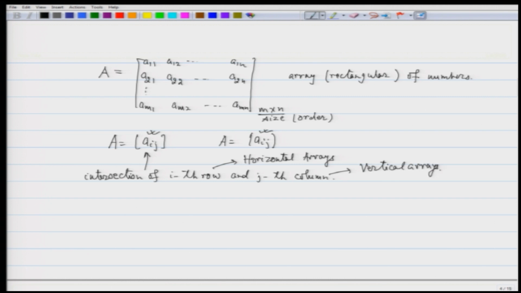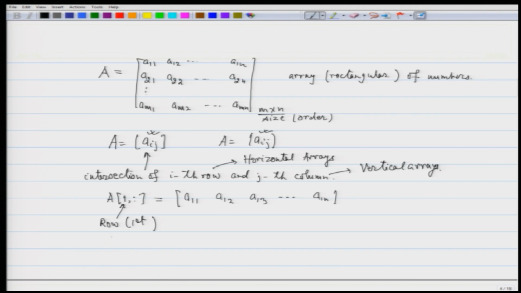Fine. So, for example, if I want to write the first row, so this corresponds to the row, and we are looking at the first row. So, this corresponds to the entries A11, A12, A13 till A1n.